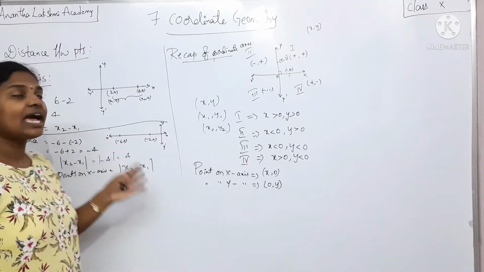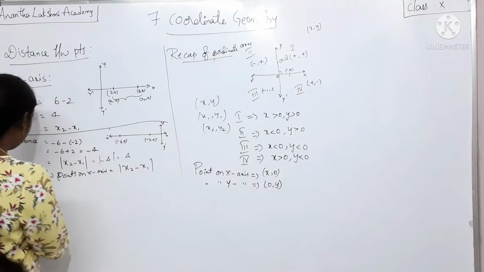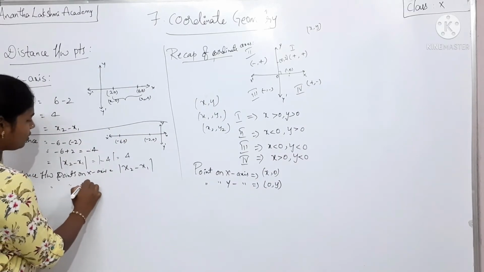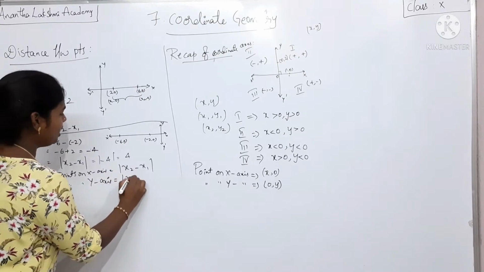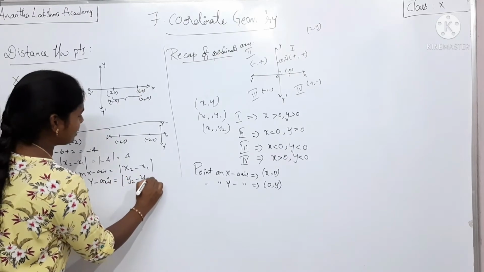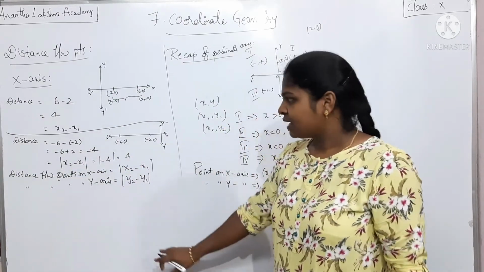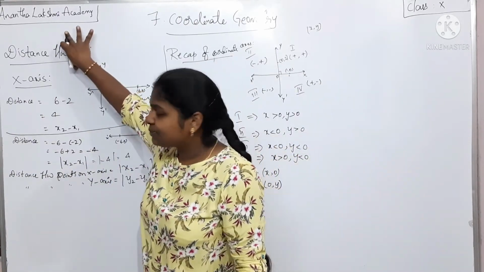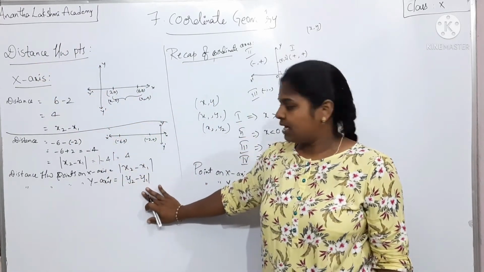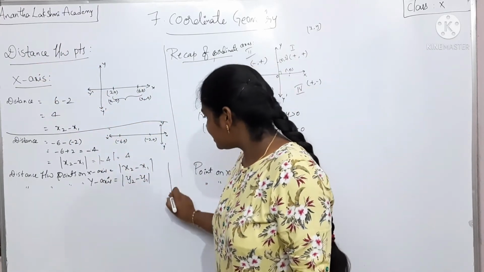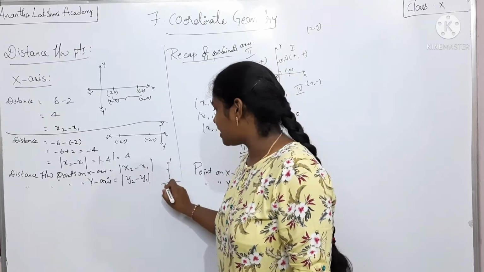Similarly, if we try calculating the same on y-axis, the distance between points on y-axis is going to be modulus of y2 minus y1. Now that we have got the distance between the points on x-axis and on y-axis, try calculating it by yourself on y-axis, taking 2 points on the positive y-axis.